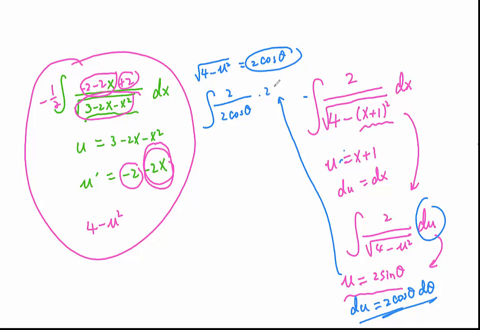It looks very easy, so I can cancel this out. The remaining is 2 d theta. So what is the integration of 2 d theta? It's 2 theta plus c.